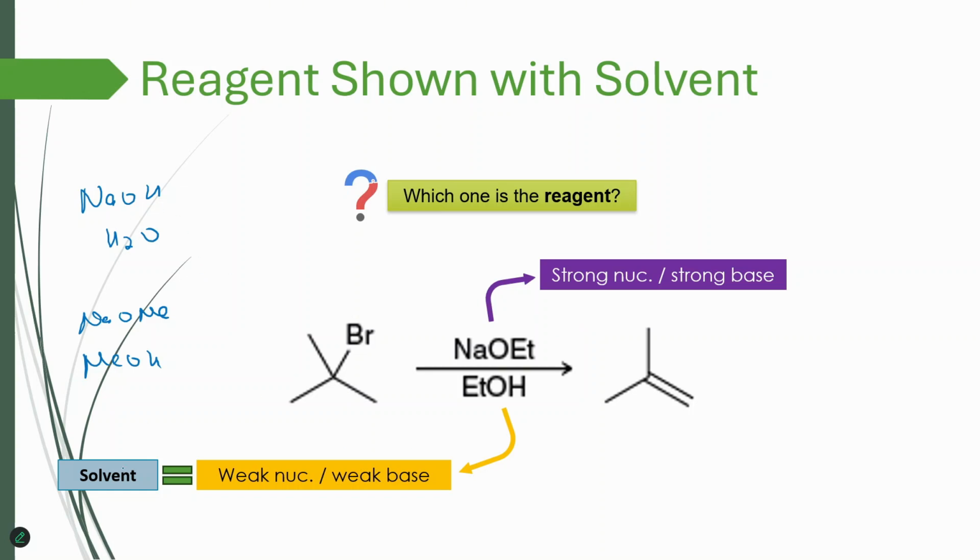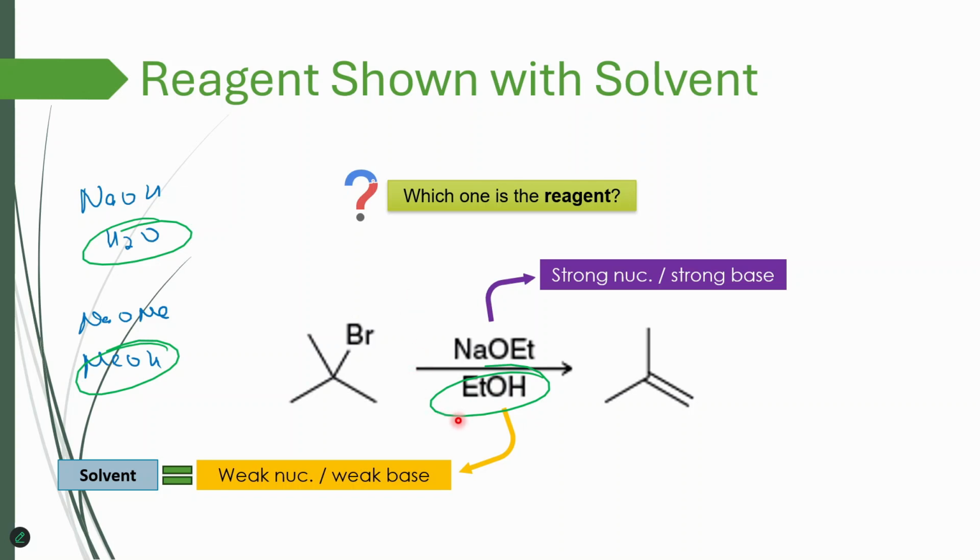In all those cases, this H2O and methanol and this ethanol here, they are all solvents. They are not reagents. So whenever you see this kind of description, make sure that the first one is the reagent, and this is going to be a strong nucleophile and strong base, and your judgment is going to be based on this categorization of sodium ethoxide, because this is the reagent that you are using in your reaction, not this one. This is just the medium, this is solvent.